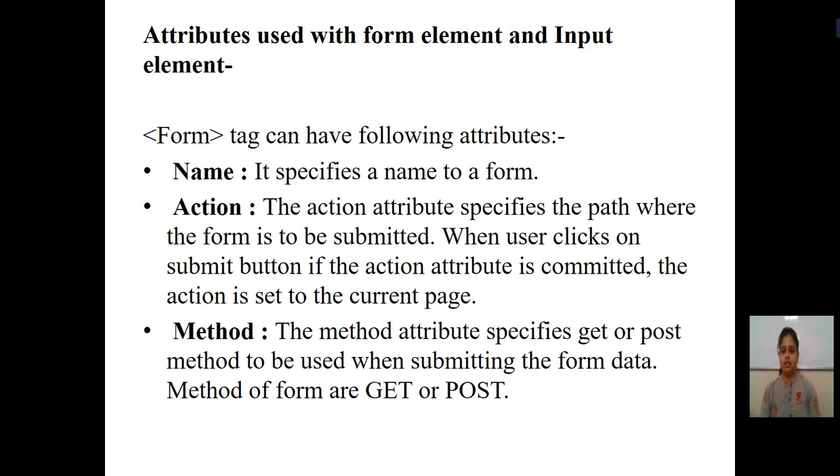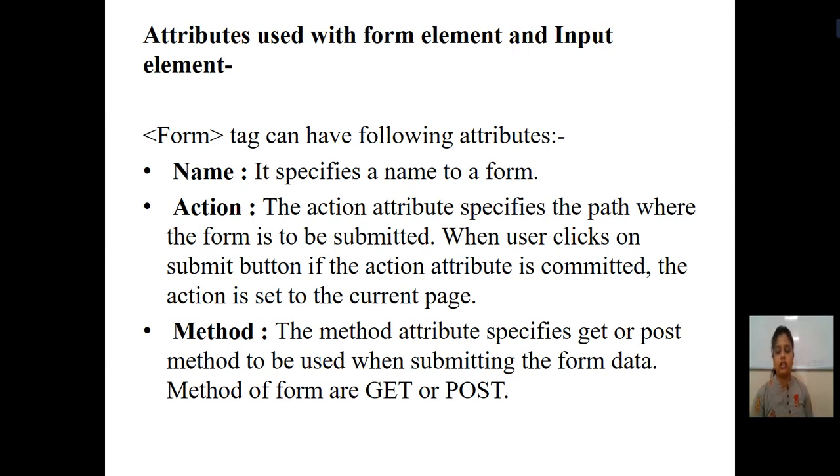Next is the method. Now what is the use of the method attribute? The method attribute is used for the get and post methods. When we are submitting data, there are two methods to submit it, either get or post. So what is the use of get and post methods? When will we use the get method, and when will we use the post method?